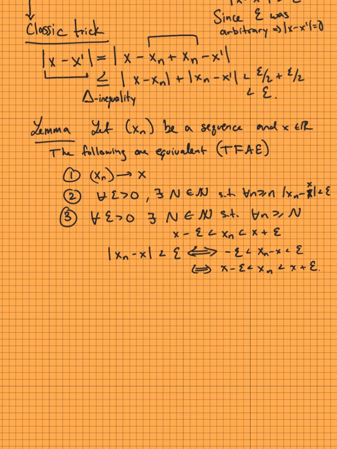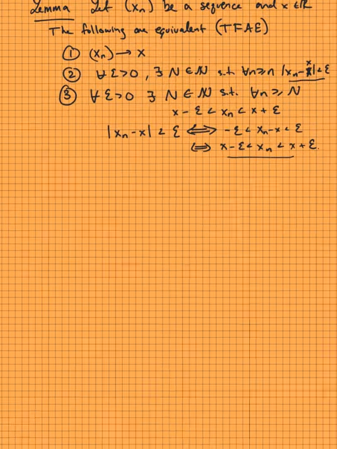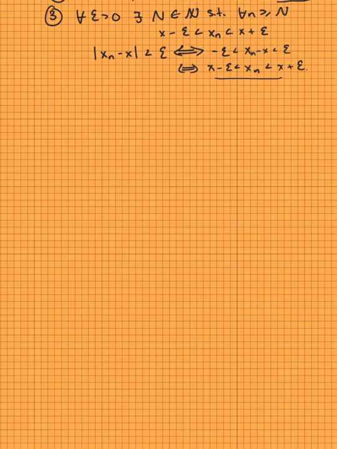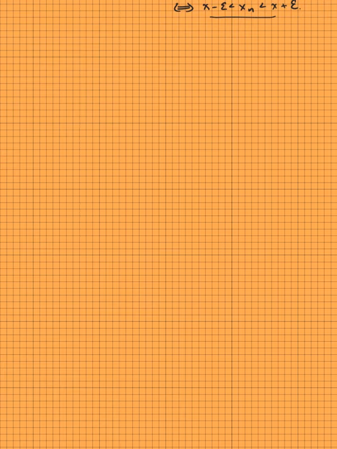Okay? So in some cases, when you're doing proofs, it's natural to use absolute value, and then sometimes it's natural to use these inequalities, and I'll just go back and forth between them. Okay? So let me tell you a key but unfortunate remark, which basically implies that finding limits can be quite tricky.